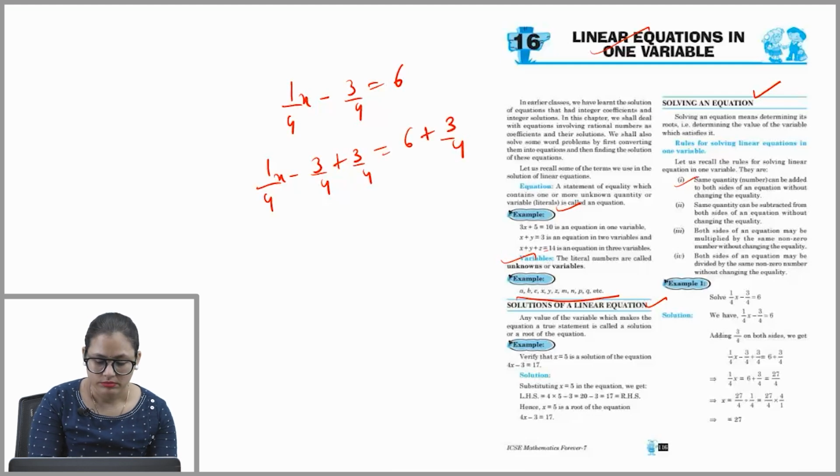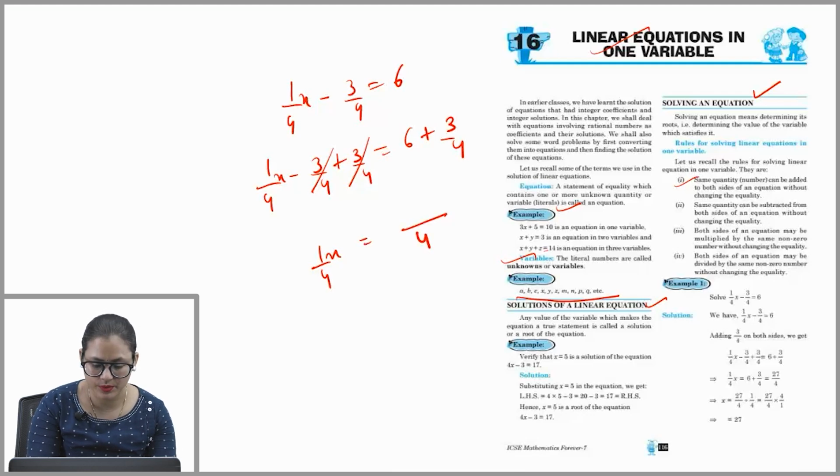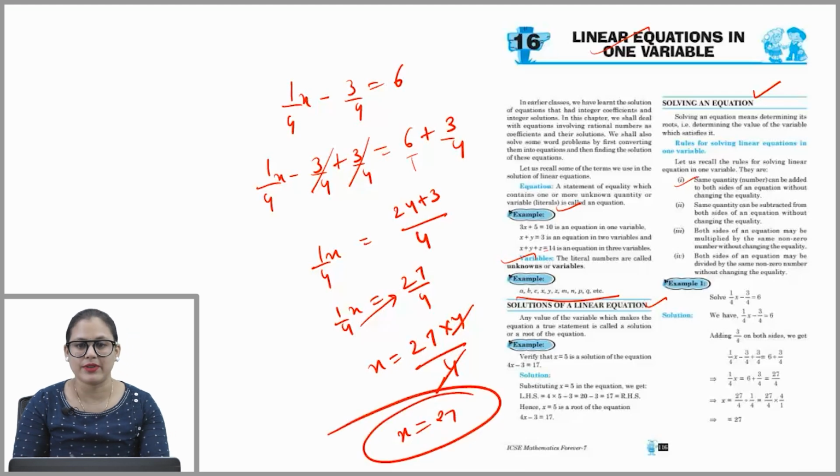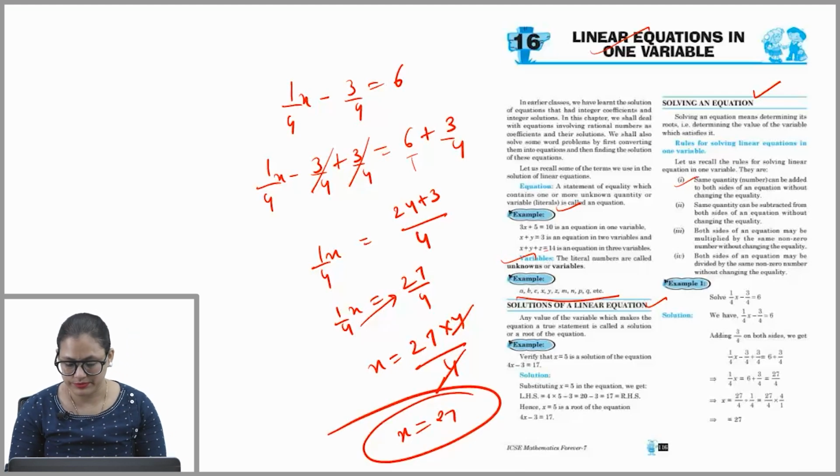So 1 by 4 x is equal to, 4 is the LCM, 24 plus 3. So, 1 by 4 x is equal to 27 by 4 and x is equal to 27 by 4 into 4, so the 4s cancel, x is equal to 27. So, this is the answer.